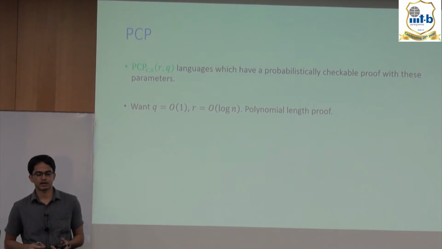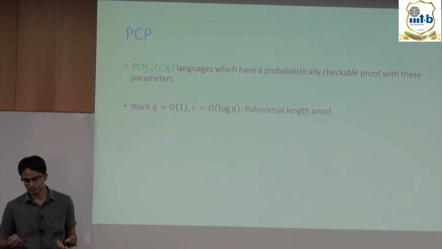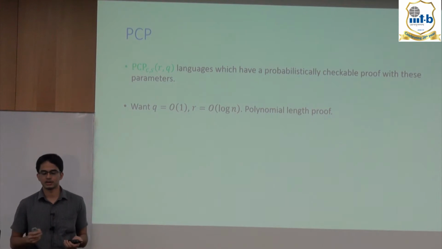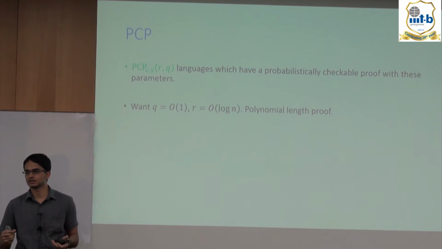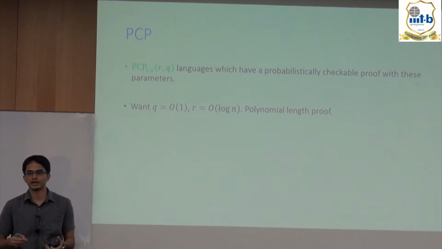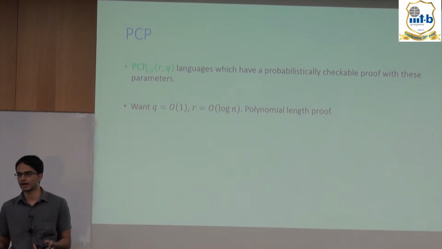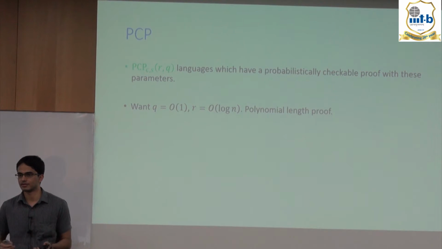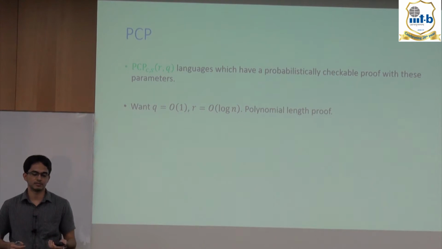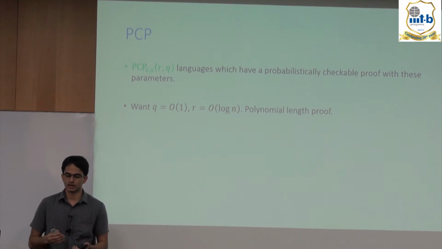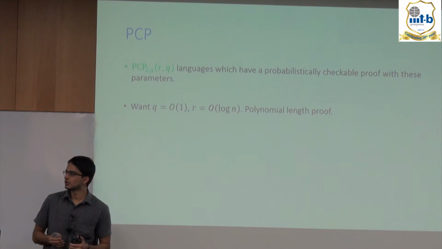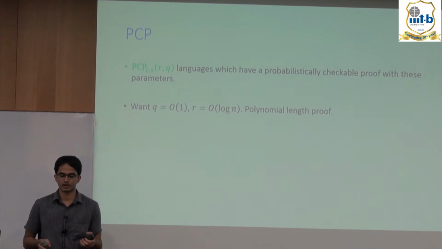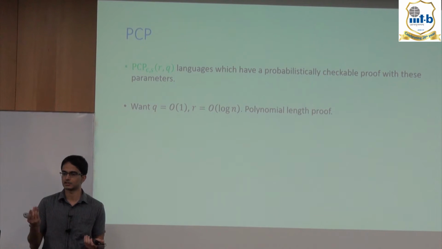Why do we want R to be log n? Ideally the length of the proof should be polynomial in the size of the instance. Since you use randomness only to decide which locations to look at, using log n bits of randomness you can cover the entire proof. And since you only need a constant number of queries, q, the total amount of randomness you should need is ideally some log n times q, which is order log n.